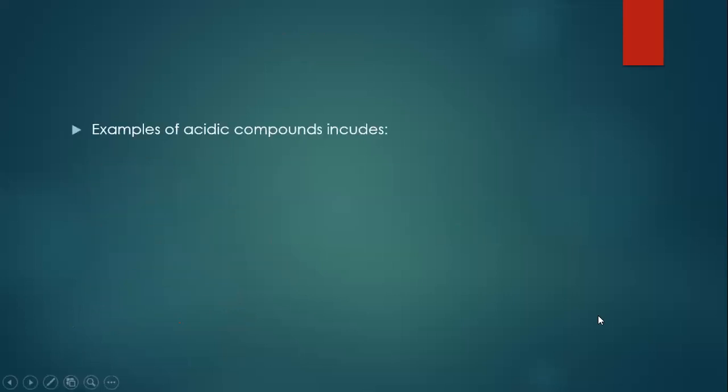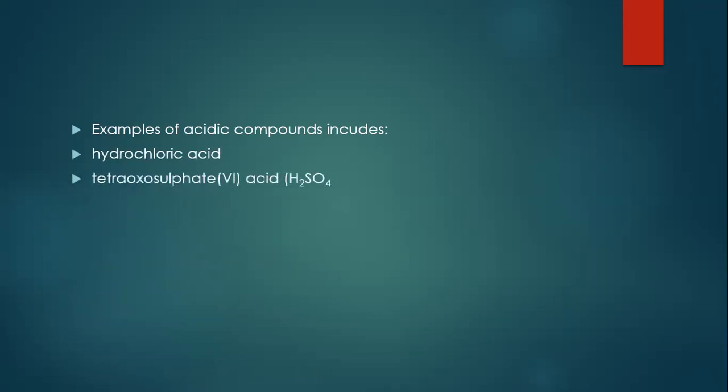Now let's look at some examples of the acids. We've already looked at some in the equations that we had. Okay, so the first one, hydrochloric acid. That is HCl. You've already seen that one. You have tetraoxosulfate 6 acid, that is sulfuric acid, H2SO4.